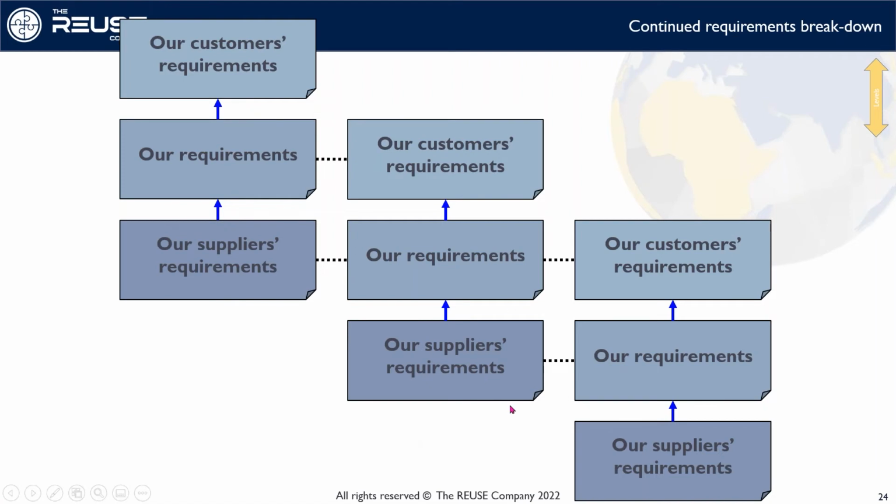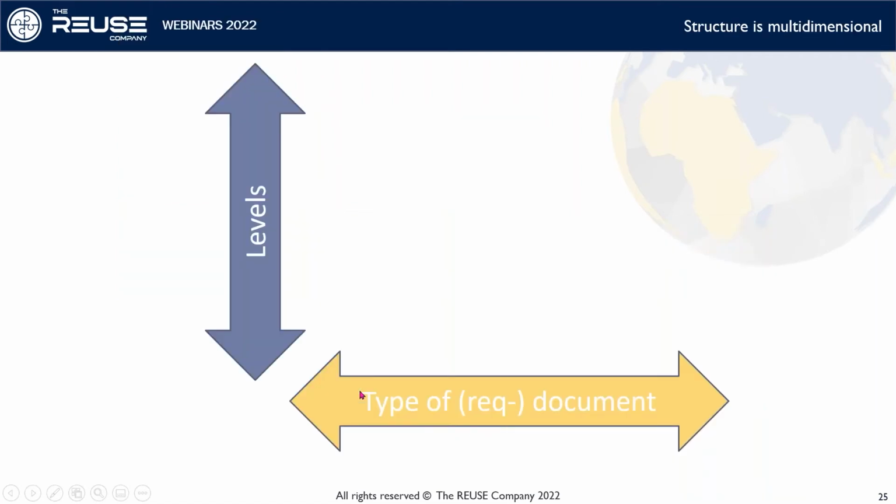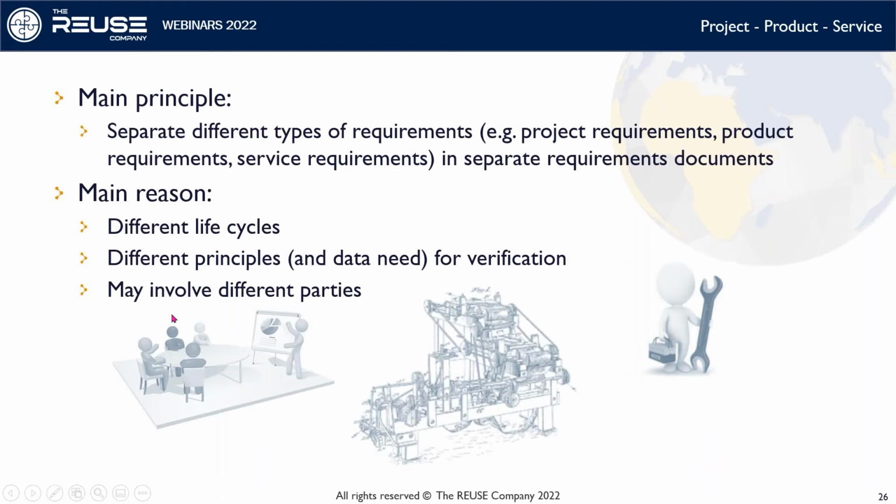So you would need layered approaches here, and that's the levels, but also you would need to separate the handling of different types of requirements. And why is this? Well, I was suggesting earlier that we have different life cycles, and for this reason we may again have different requirements for projects, for products, or for services, or whatever other things that may be appropriate to define in your case.